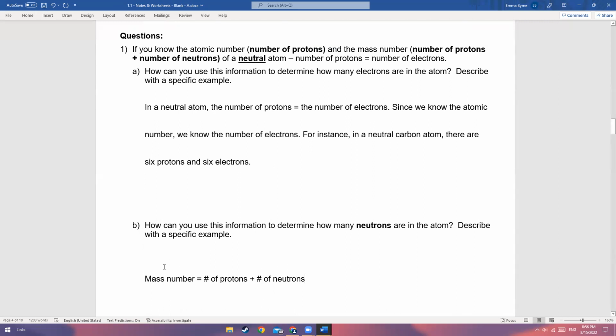In this little equation we have set up here, we are already aware of the mass number and we are already aware of the protons. So in order to figure out how many neutrons there are, we would just subtract the number of protons from the mass number.